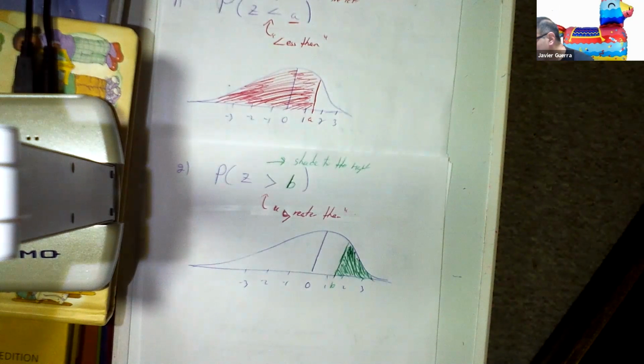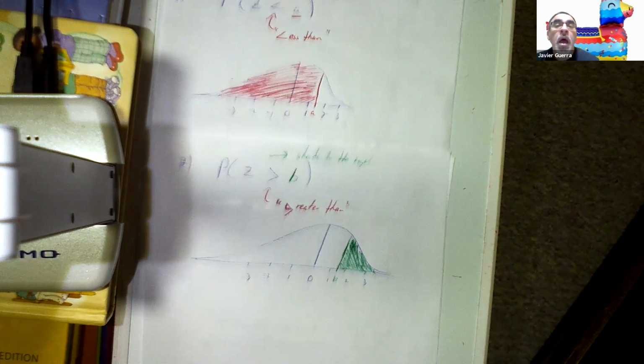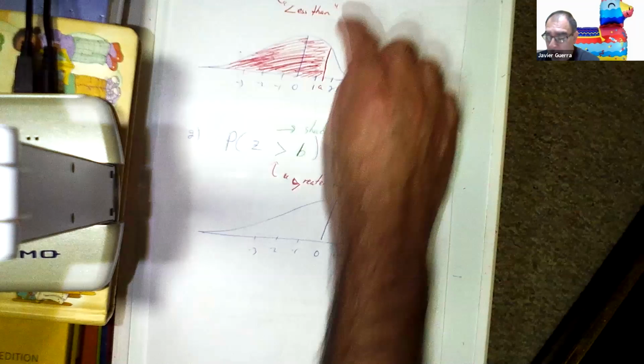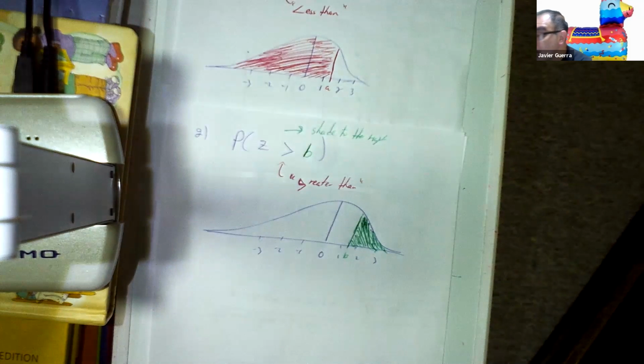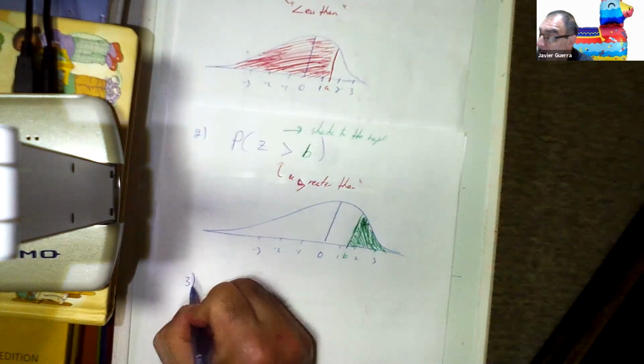All right, so there's one more we've got to go through. So we got less than, we got greater than. There is a third. The way the probability is written is written this way.